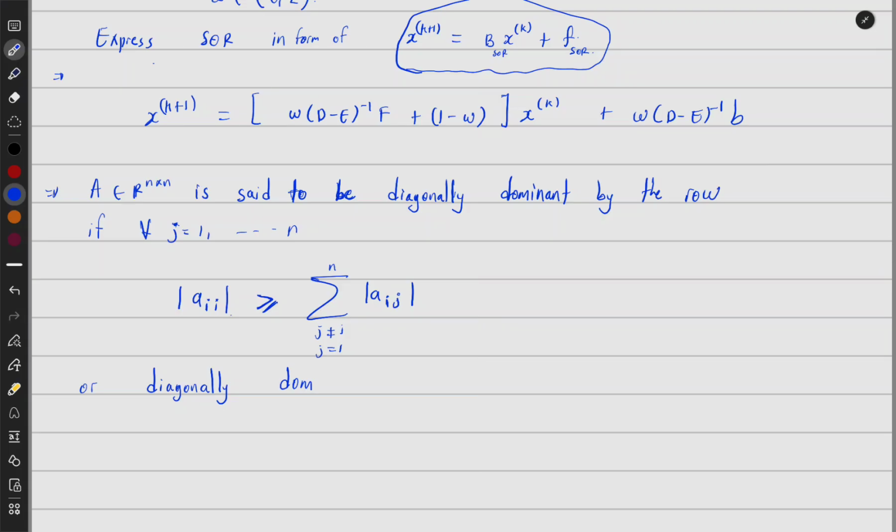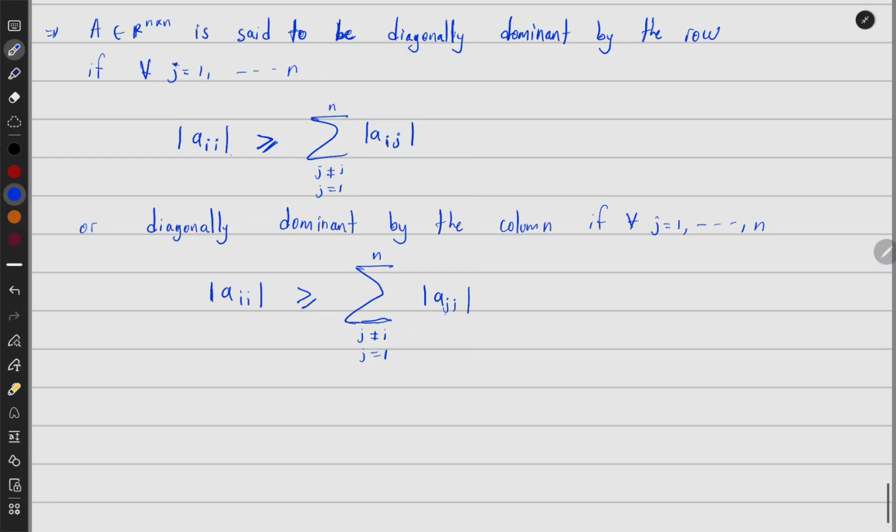However, it can also be with respect to the row. They are said to be diagonally dominant by the row if, for all j equals 1 up to n, this is greater or equal to the summation, where this is j and this is i.